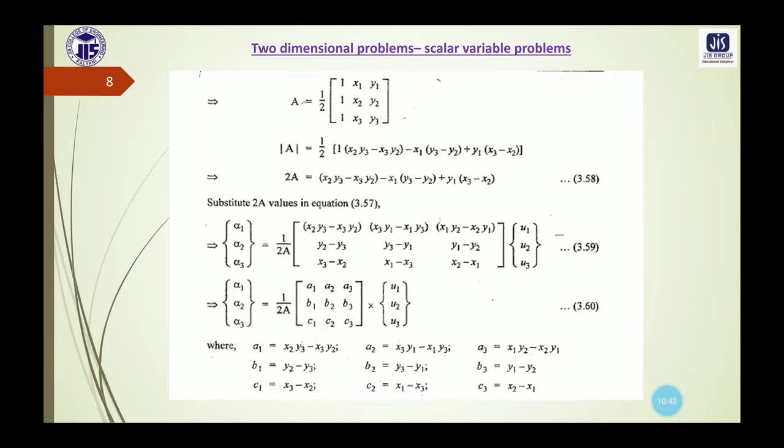In equation number 3.60, we have considered A1, A2, A3, B1, B2, B3 and C1, C2, C3 by considering the different coordinates of the nodes or nodal points of the triangular element.